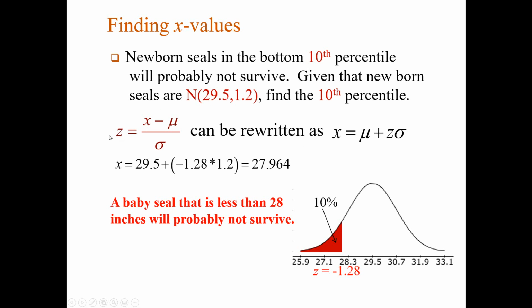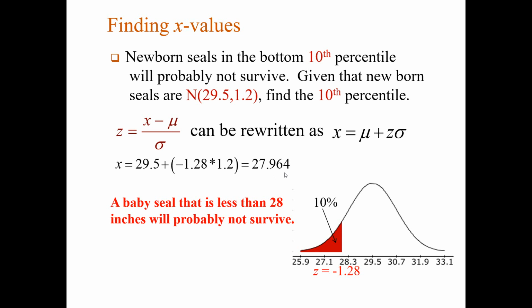We can also find this by rewriting and solving for x from the z-score formula. So x equals 29.5, that's what mu equals, plus the z-score, which we found on the previous slide, negative 1.28, times our sigma, 1.2, and that equals 27.964, to be more accurate.